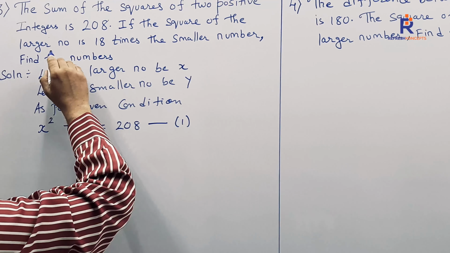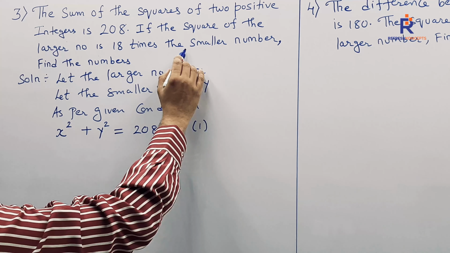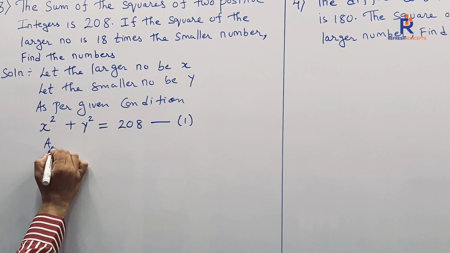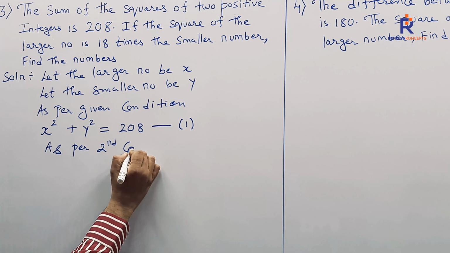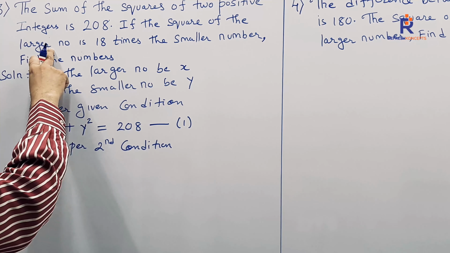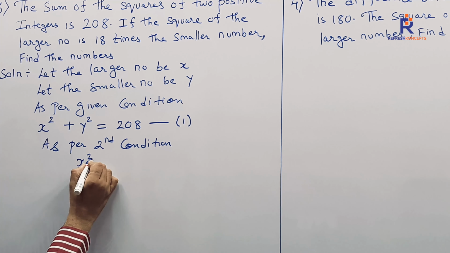Squares of two positive integers, one being x, other being y. So it is x square plus y square. Children, I hope you have understood how we have framed the equation. Sum of squares of two positive integers is 208. This is our first condition.